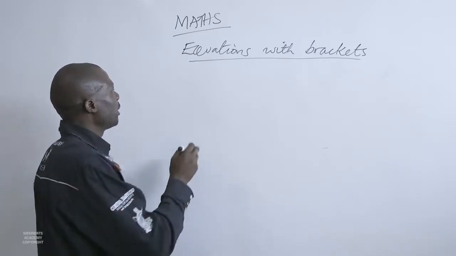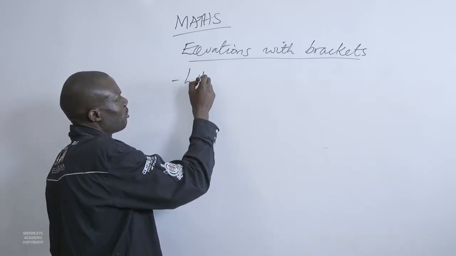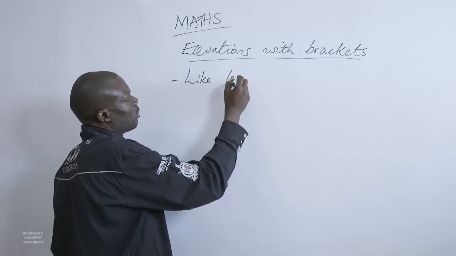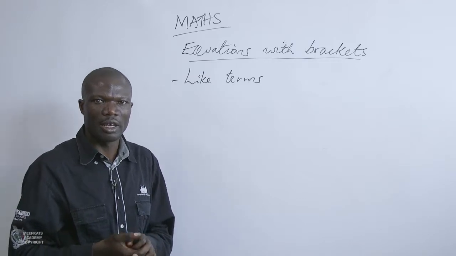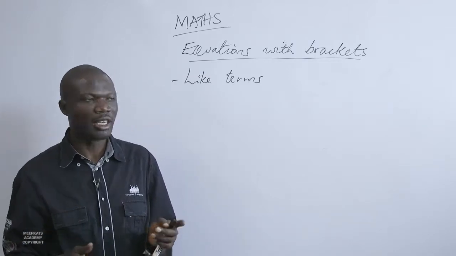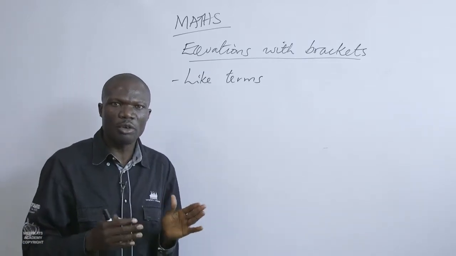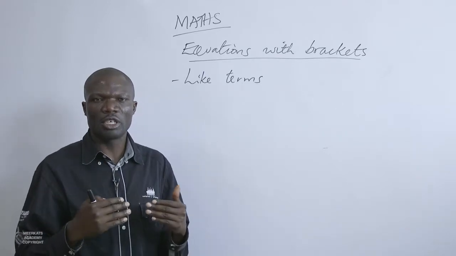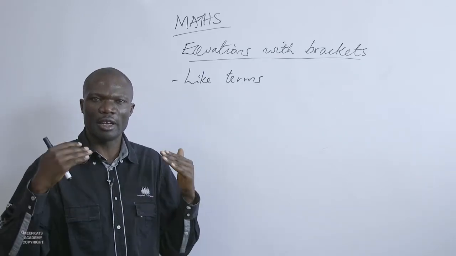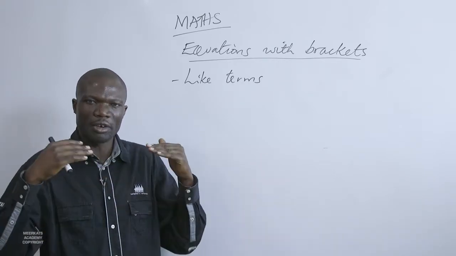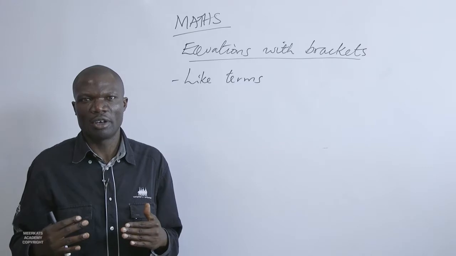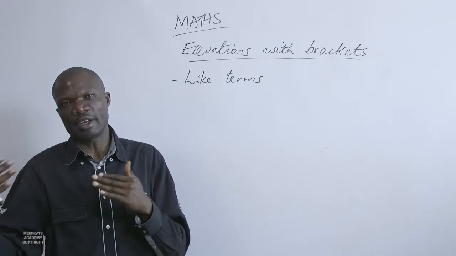The next thing we need to know and be comfortable with working is what we call like terms. What is this that we are calling like terms? When you have those terms, that is the pronumerals in an expression, and the pronumerals are of the same letter, we say that they are alike.